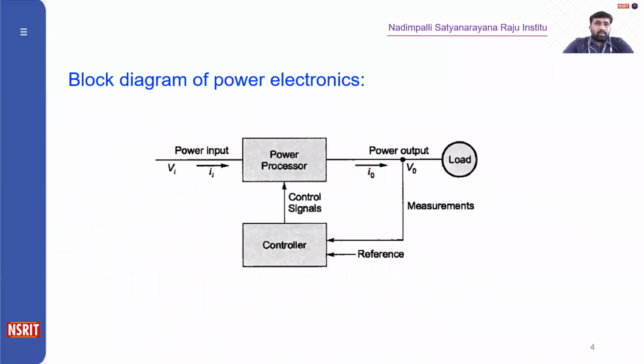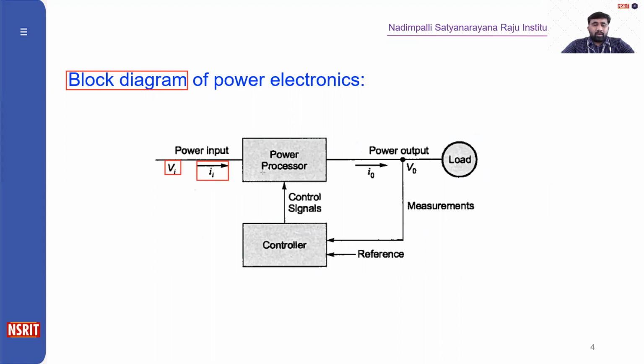Then let me introduce the block diagram of power electronics. So this is the standard block diagram of power electronic devices. In this, here is the supply point. We are giving the power supply. This is called the power input. It is represented with the input voltage and input current.